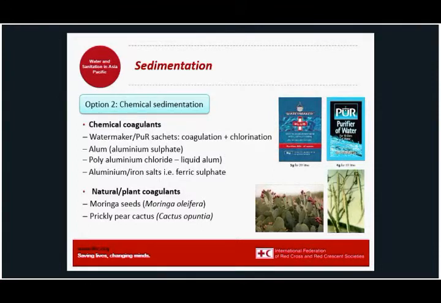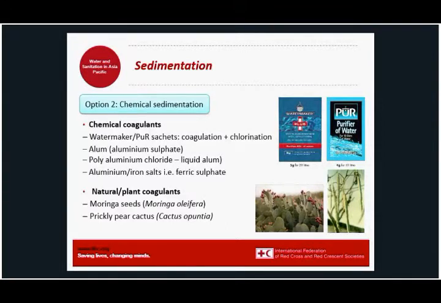There is also a natural coagulant, and this is usually a tropical plant. There are two that I can mention here: moringa seed or prickly pear cactus. The use of these natural ingredients is a local practice, and this is not a new idea or a new invention.